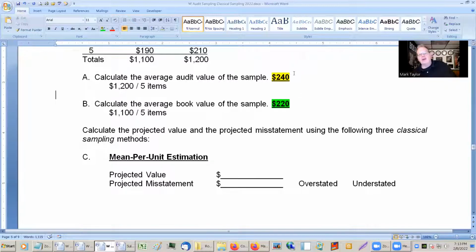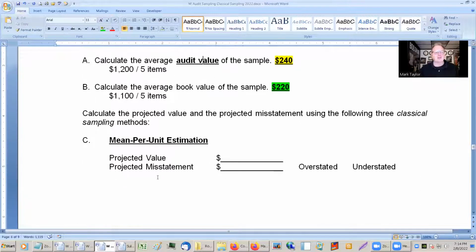I think I asked this before in the other class: which of these numbers would an auditor feel is more persuasive, the audit values or the book values? Yeah, the audit value is the most important one, because it's always more persuasive to have evidence that you got yourself, rather than someone handing you the numbers. So the audit value is the one they usually concentrate on.